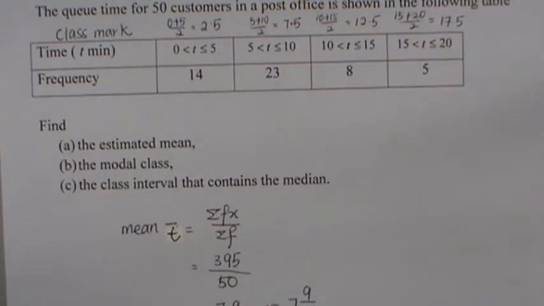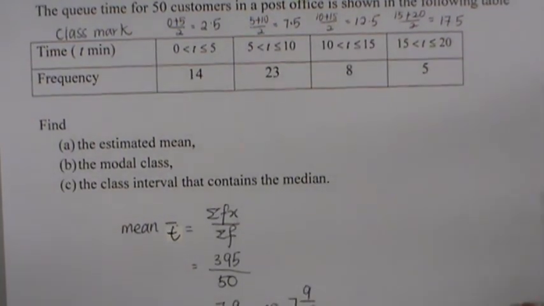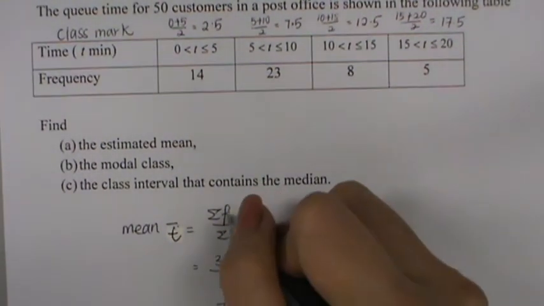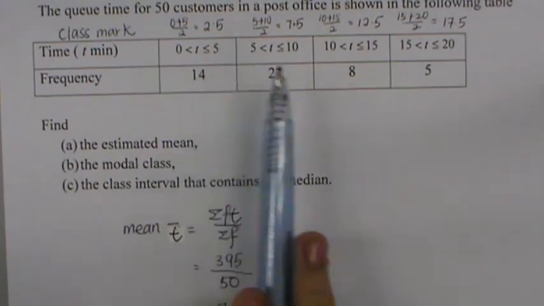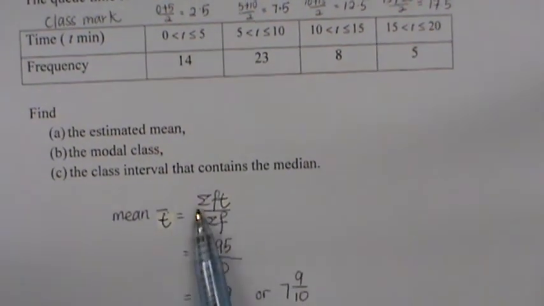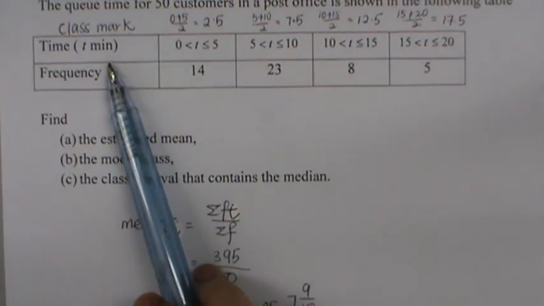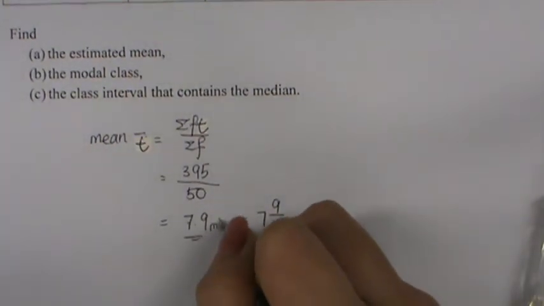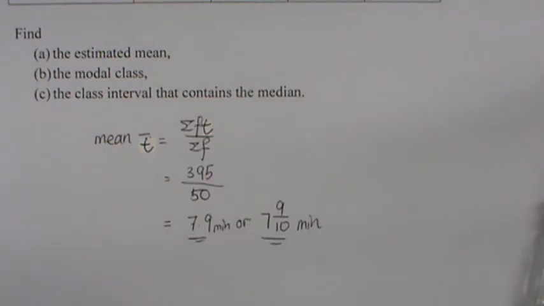And should we write summation fx, or summation ft? You're right. We should write summation ft. So please read the question and always check the relevant variables that we are using in our question. And in this case, our answer is in terms of minutes, so we can leave it as 7.9 minutes or 7 9/10 minutes, and we'll get the correct answer.